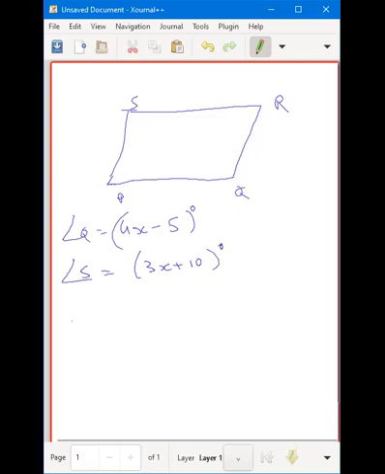Find the values of angle Q and angle R. I want you to find out the values of angle Q as well as angle R. We're given that angle Q is 4x minus 5 degrees. Angle S is 3x plus 10 degrees.